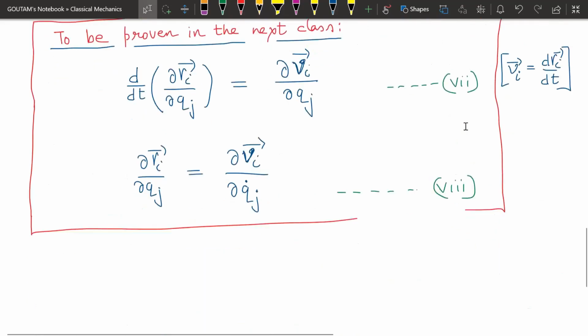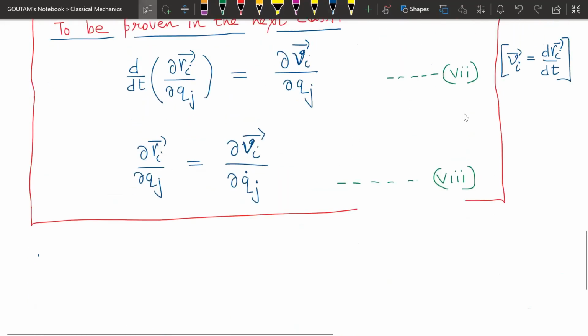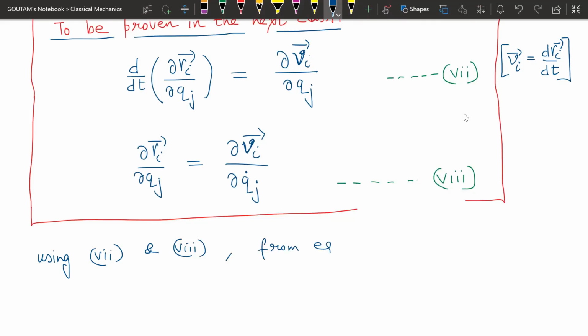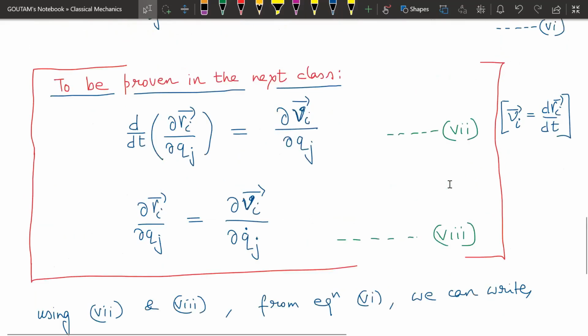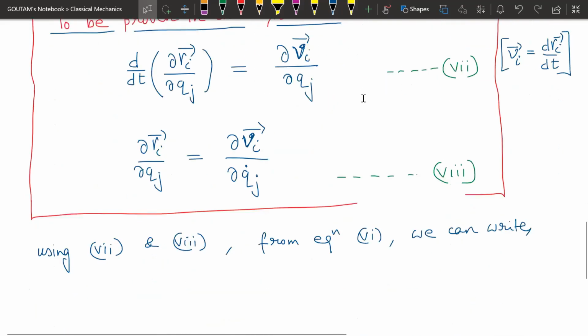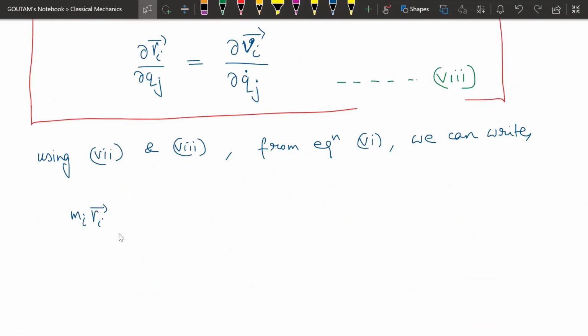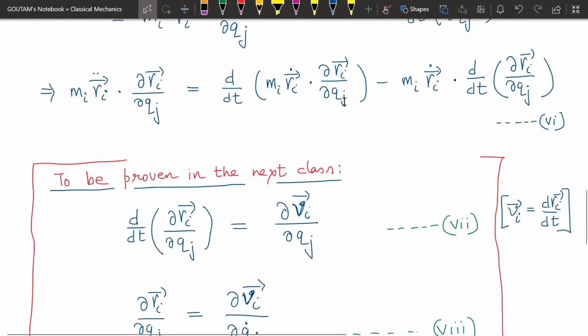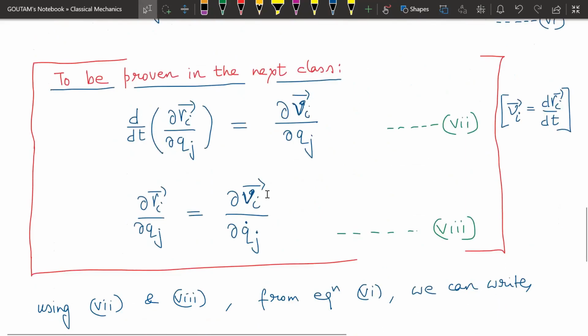So now using these two equations, equation 7 and 8, from equation 6 we can write mi ri double dot del ri del qj equals d/dt of mi ri dot, and in place of del ri del qj we will write del vi del qj dot.